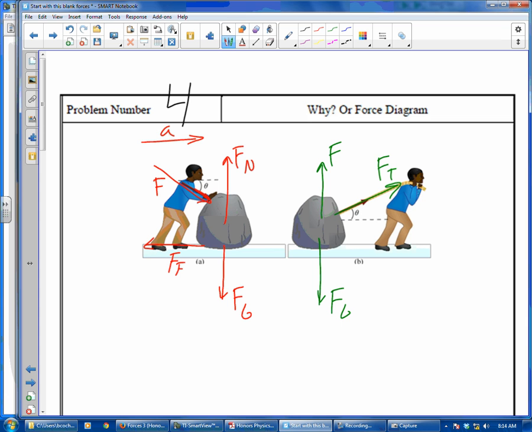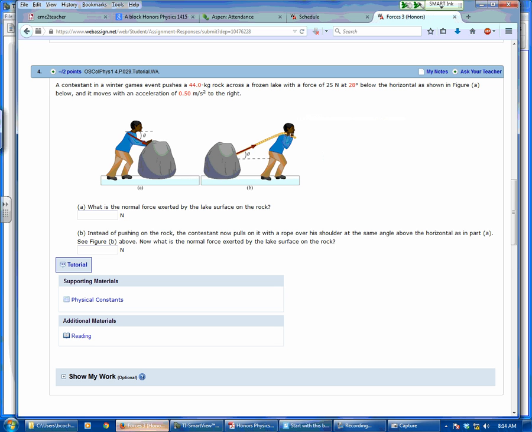I'm going to have a different normal force. I'm going to guess again that there's a frictional force here. And they tell me, let's see, so I push on, pull through. What's the normal force on the right list? Now what is the normal force?